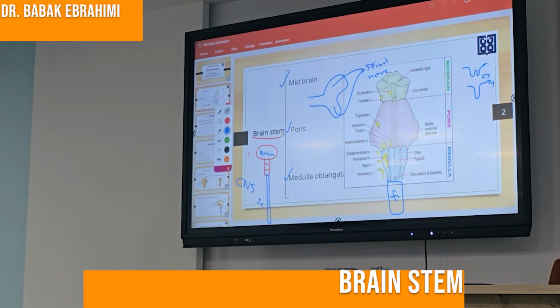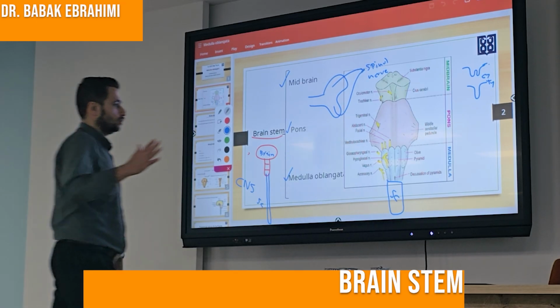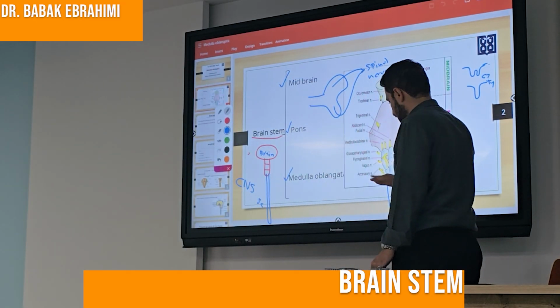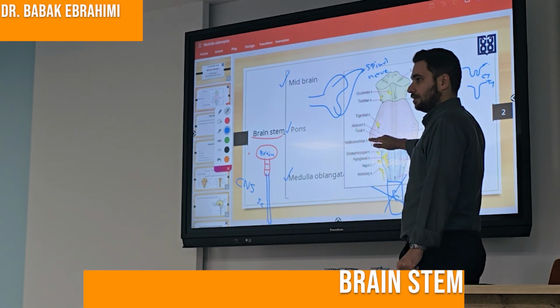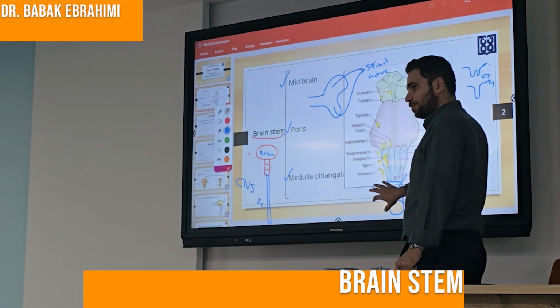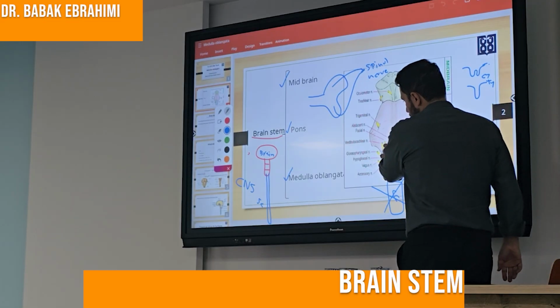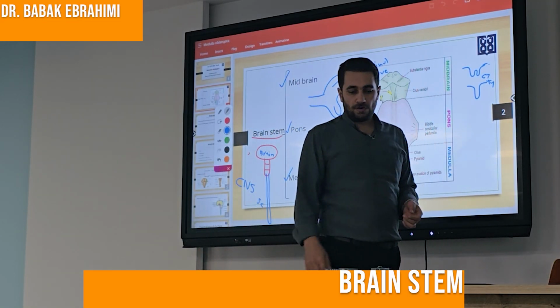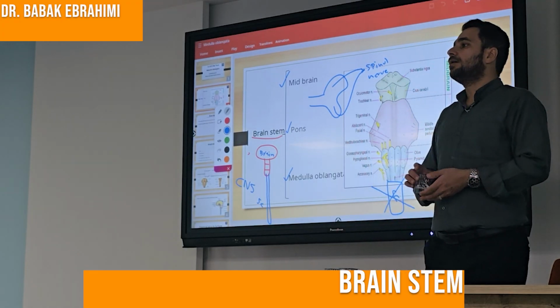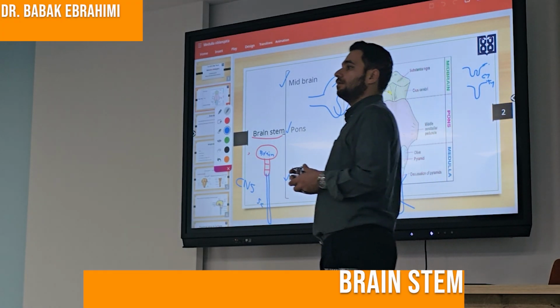No. The spinal cord is finished. We don't have any spinal cord. Look at here. The spinal cord finished and medulla oblongata started. But similar to the spinal cord, we have several sulcus at the medulla oblongata. Why? One of your friends said that about the passing the arteries and veins.